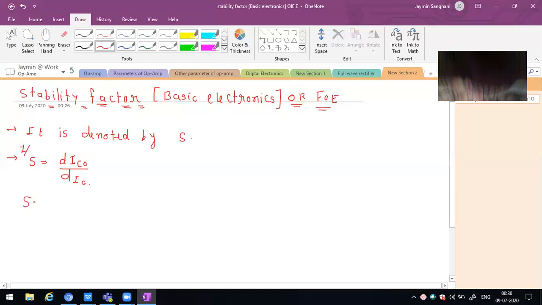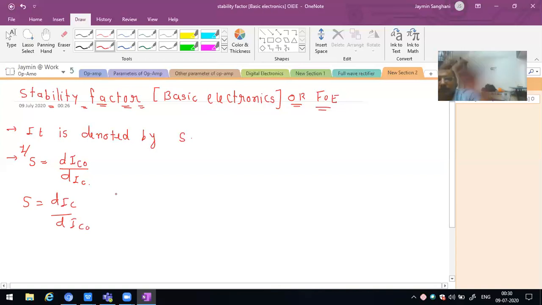So S equal to dIC divided by dICO. What is the meaning of dIC?